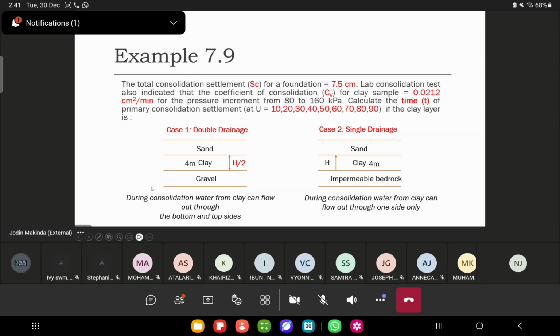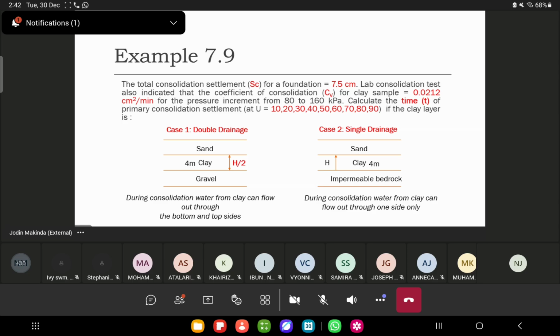What is the difference? Double drainage means that the clay layer is located between two permeable soils. In this case one, the 4-meter clay is located between sand, which is permeable, and gravel, which is permeable.